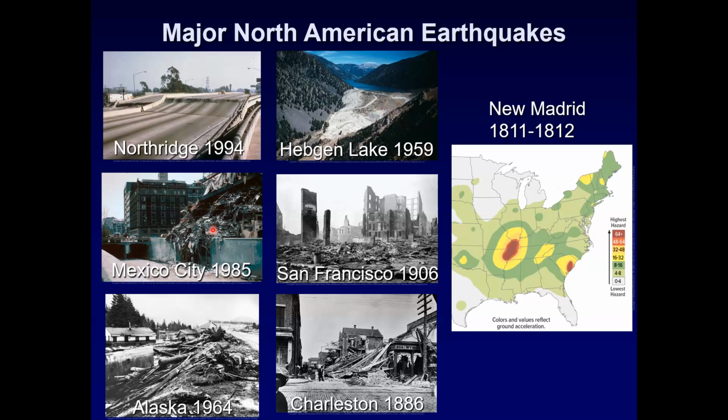Between 1811 and 1812, you had a magnitude of 8.0 on the Richter scale. That's pretty high, right? The death toll, I'm not sure exactly what it was, but if we had an earthquake of that magnitude in the area again, it'd be quite high because we have a higher population. You have a reactivation of old fault systems there, and movement on those faults causes a devastating earthquake. Same thing with Charleston, believe it or not.